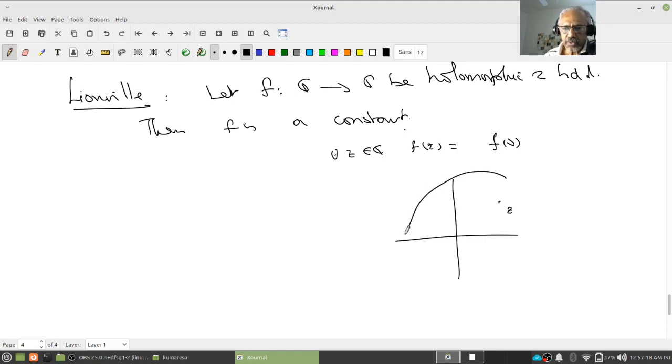So I have C somewhere. Now choose an R so that mod z is less than R, maybe 2R, but let's not worry about it at present.